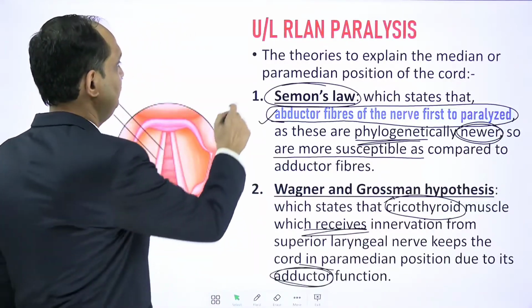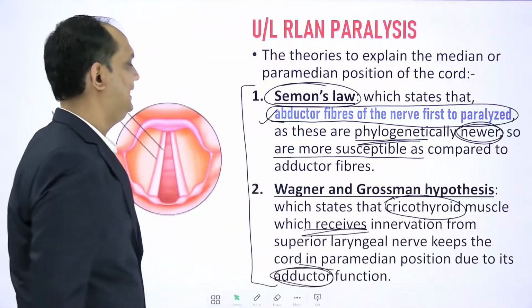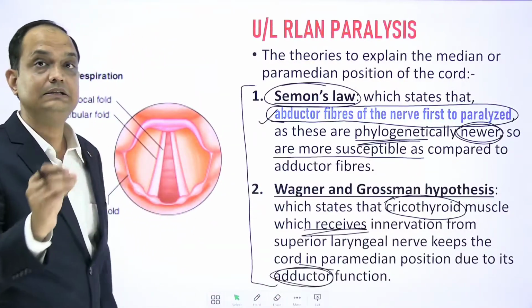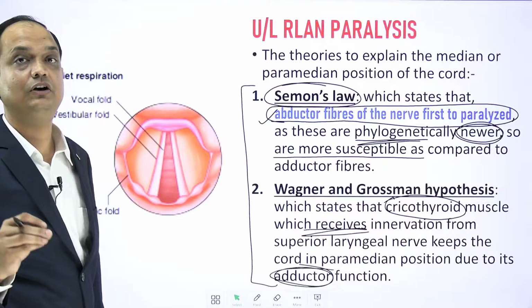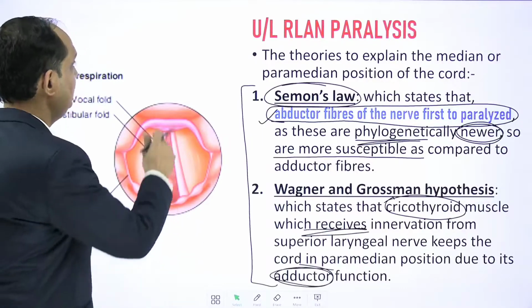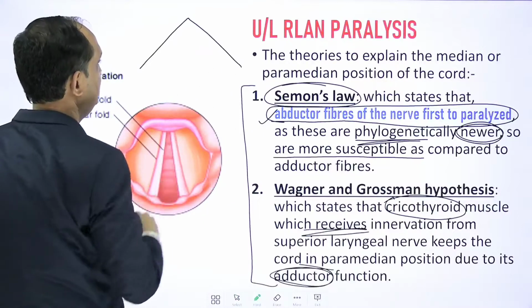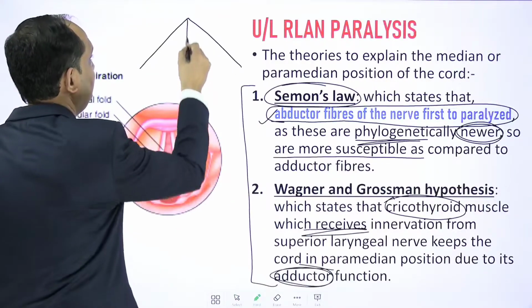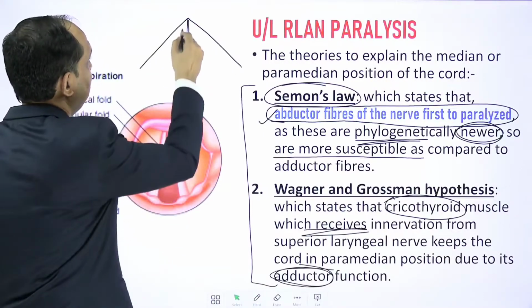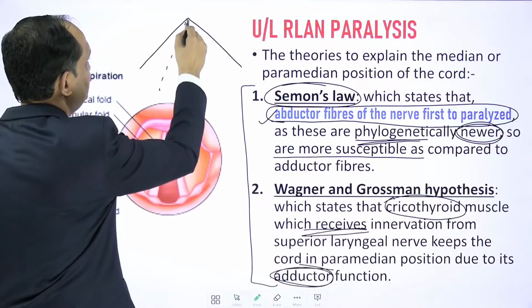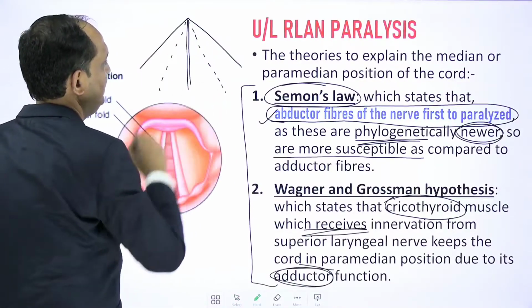So ultimately what you have to understand is that once paralysis of the recurrent laryngeal nerve occurs, the vocal cords do not remain in the abducted position, and they do not remain in the midline position, but they take a median position, or you should say paramedian.